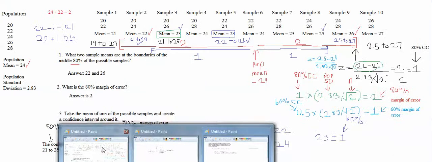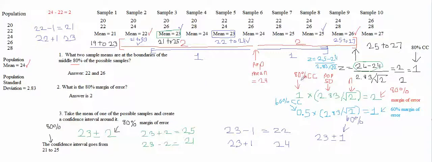So now, we realized if we plug in the right coefficient and we multiply it, we'll get our margin of error, because back here, when we did it, we plugged in the 80% confidence coefficient, and we ended up with our margin of error of 2. So this formula, we know it does work.